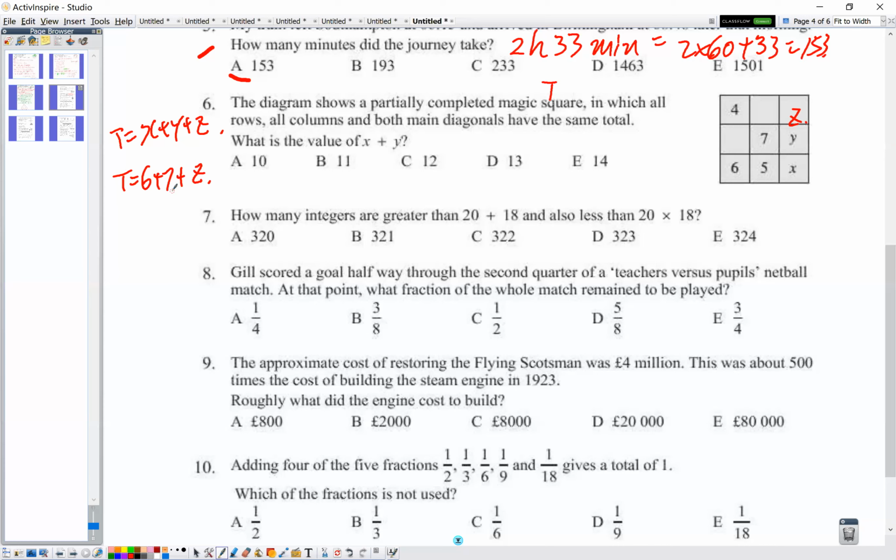So x plus y plus z becomes 6 plus 7 plus z. So for that reason, x plus y will be equivalent to 6 plus 7 in this case. That's why the answer is 13. The answer was D then. Well done to those who got it.